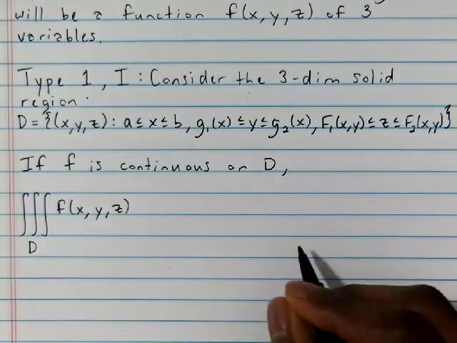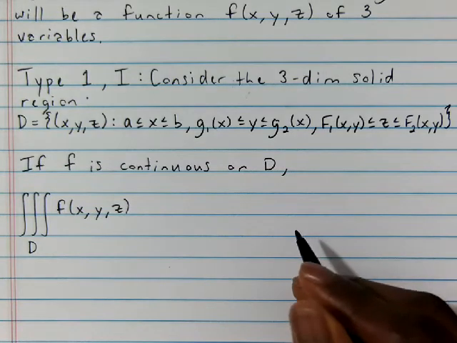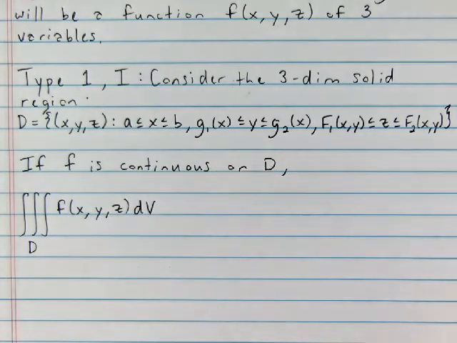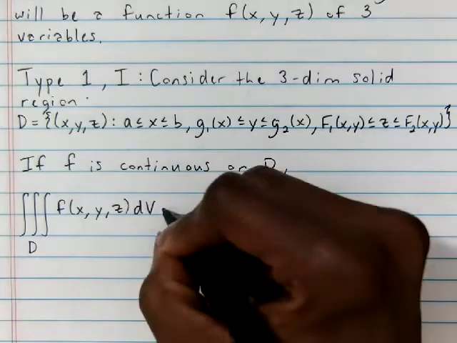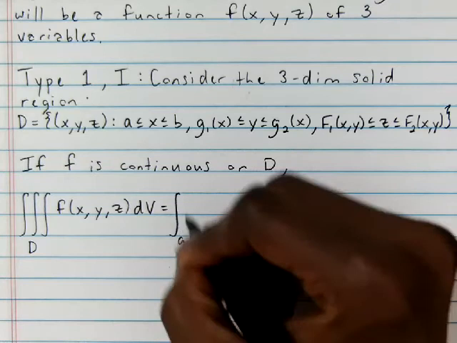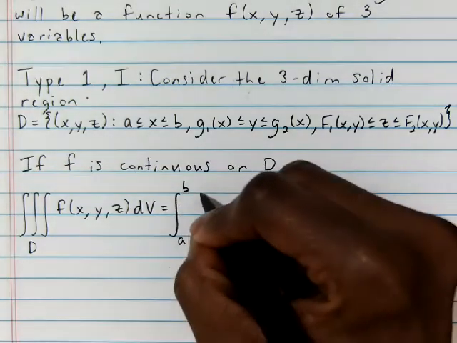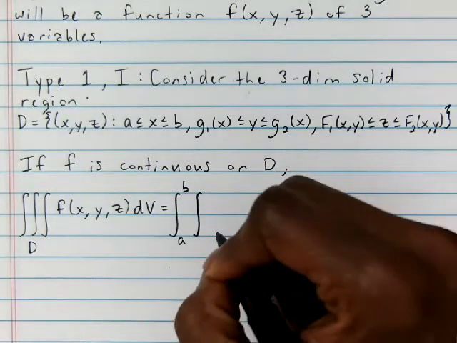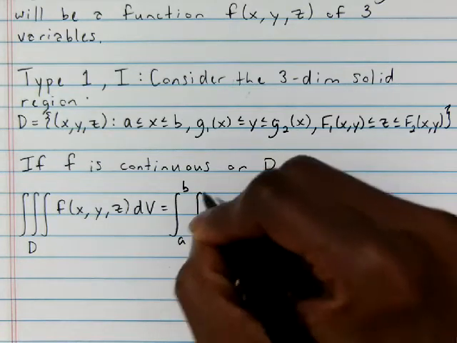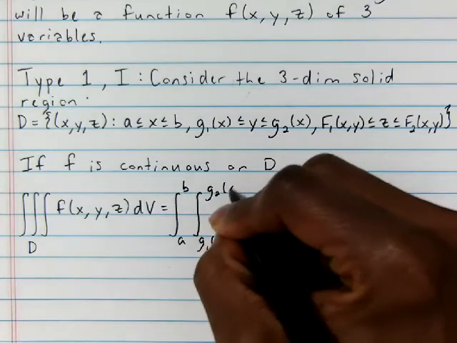When we are doing a double integral, it's dA with respect to area. Triple integral is dV with respect to volume, and it equals the iterated integral. Constants go on the outside, a to b. Function of one variable is next, so g sub 1 of x to g sub 2 of x.